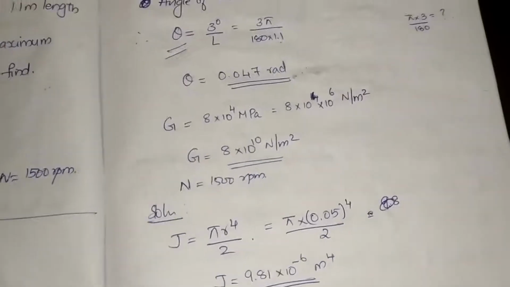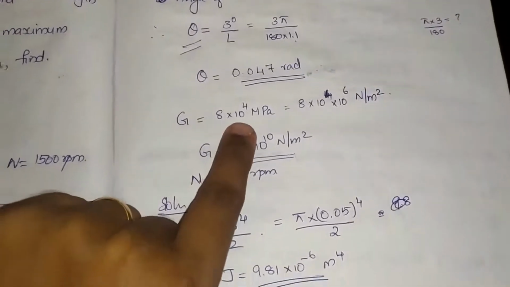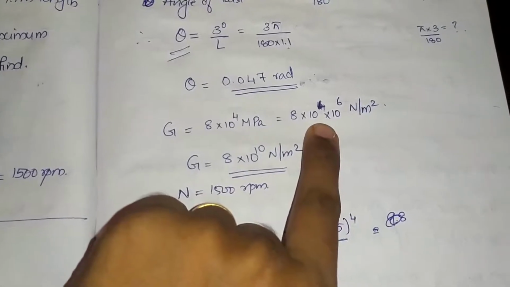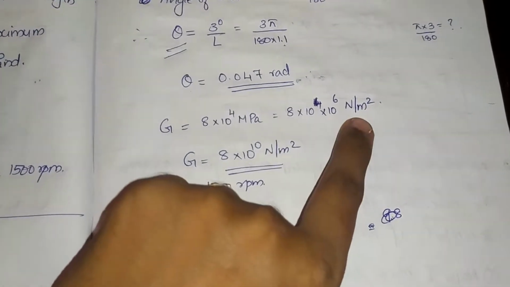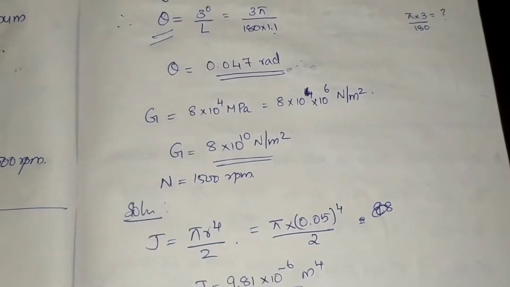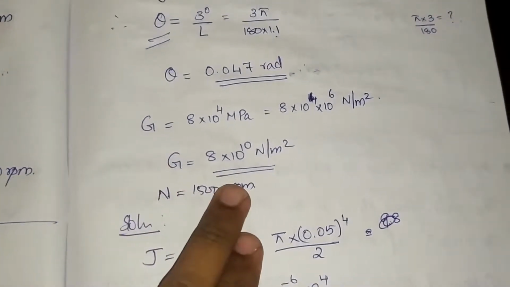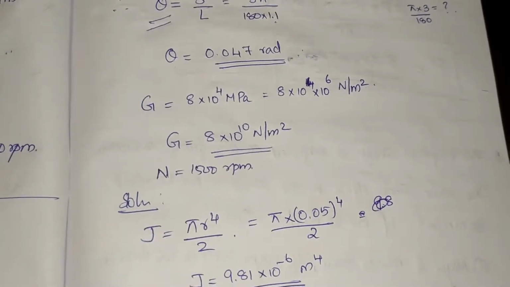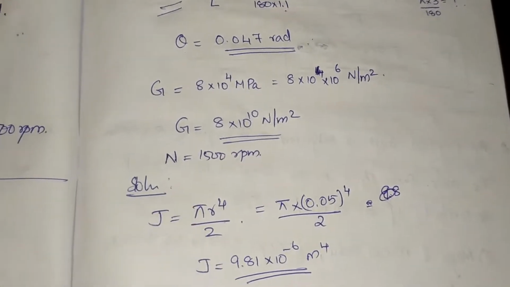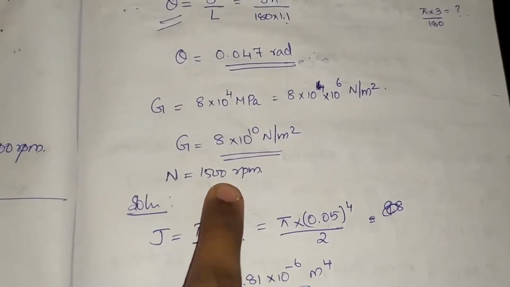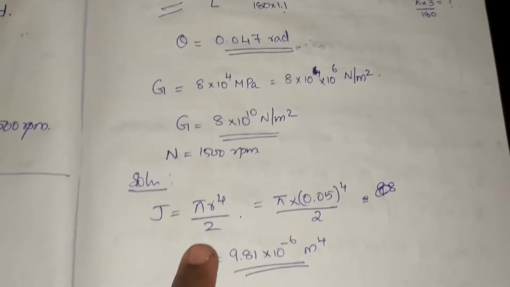Now G is 8 into 10 power 4 megapascal. Converting it to Newton per meter square, you need to multiply by 10 power 6. So G is 8 into 10 power 10. Also the speed is given as 1500 rpm.